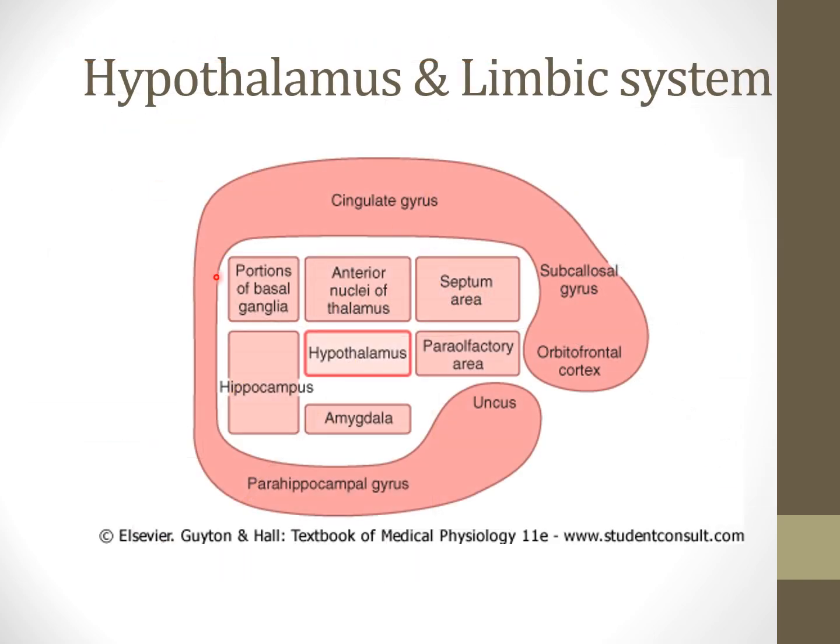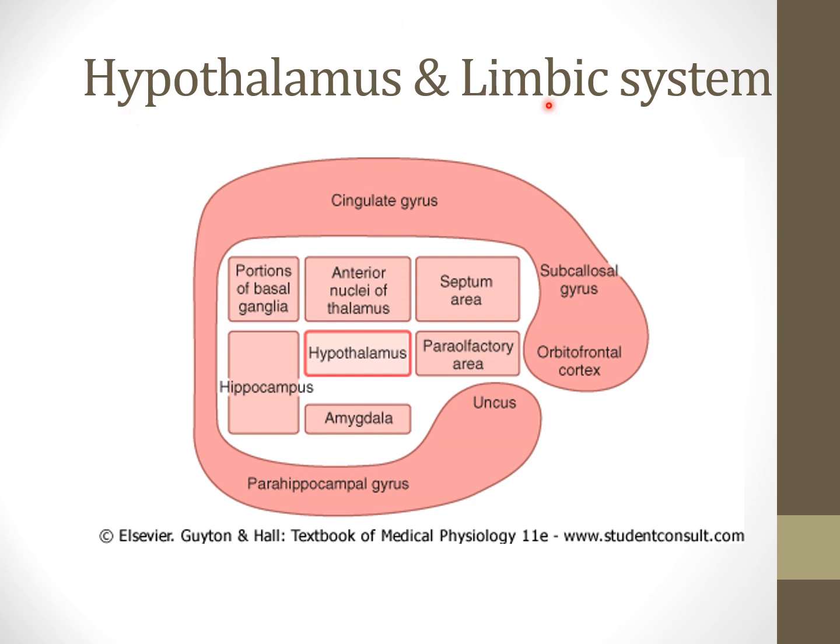Hypothalamus and limbic system. This picture clearly explains how the limbic system does its function along with the hypothalamus. The hypothalamus directly sends fibers, efferents and afferents, to the adjacent structures. The limbic system is mainly involved in control of emotional behavior, and this behavior is again based on the hypothalamus.